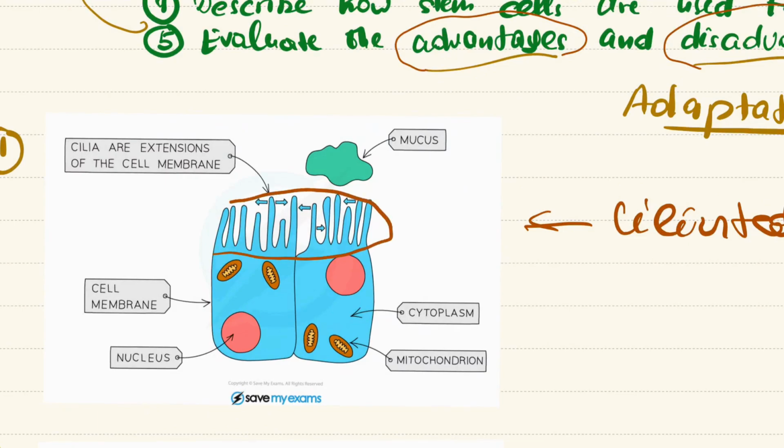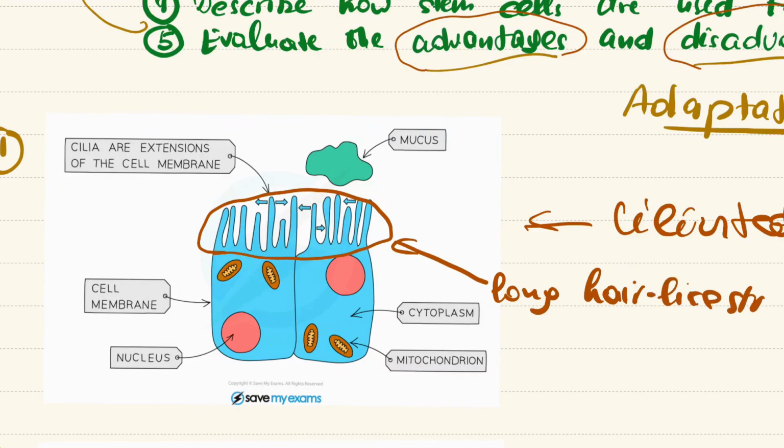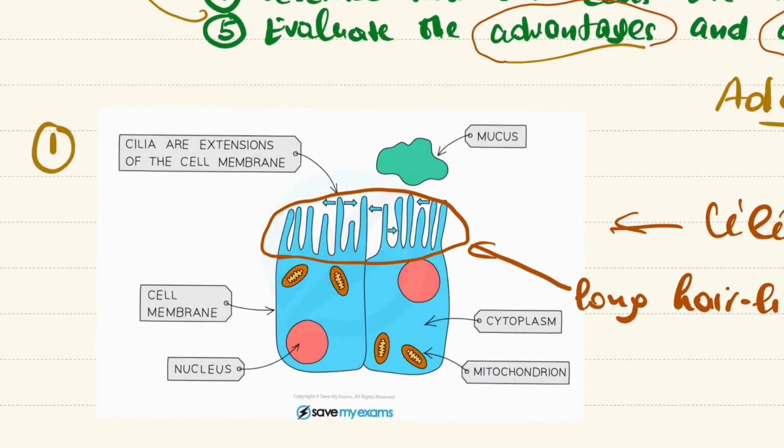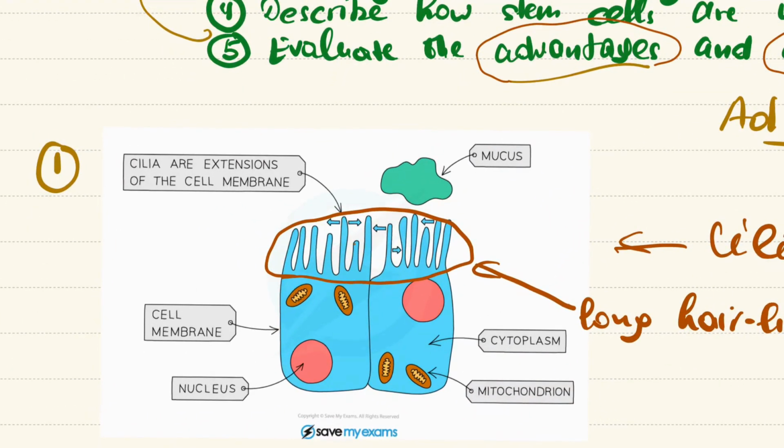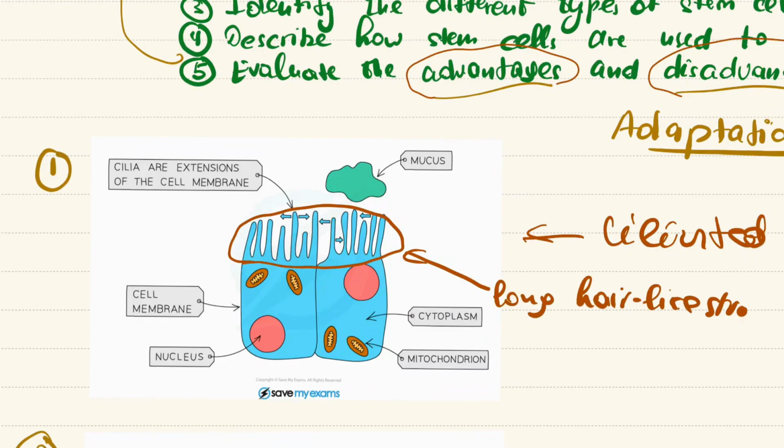You can see here these cells have long hair-like structures, and this helps them to remove dust and pathogenic organisms from the body with the support of mucus, so they help to fight against pathogenic bacteria more efficiently.